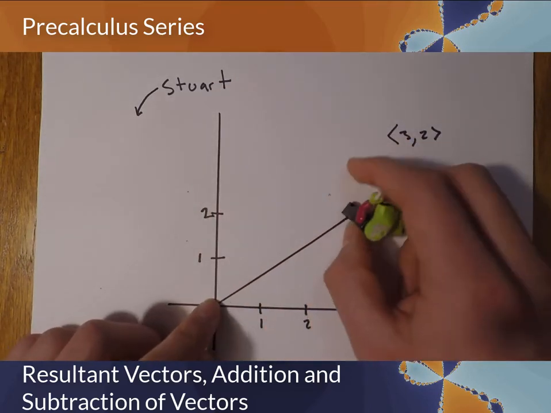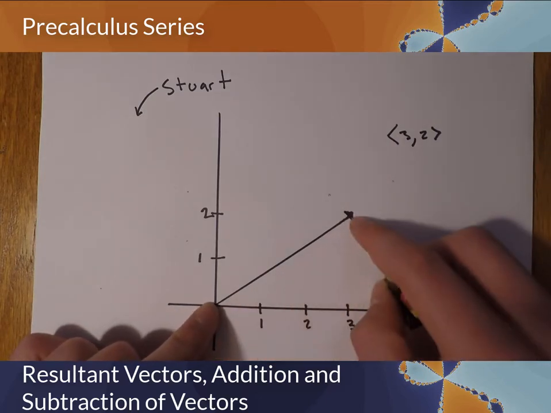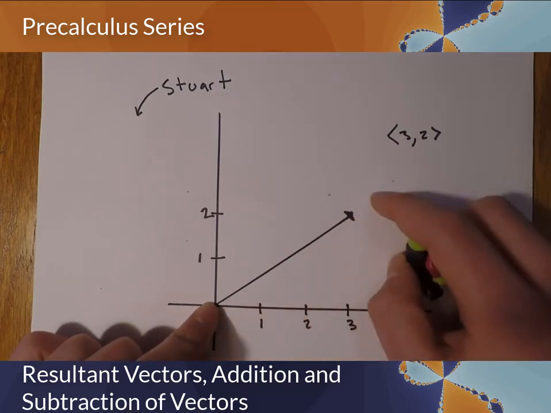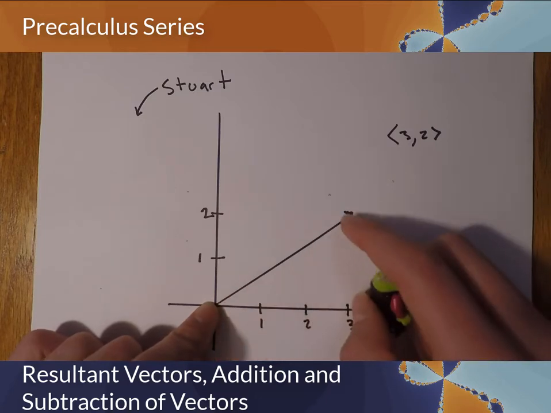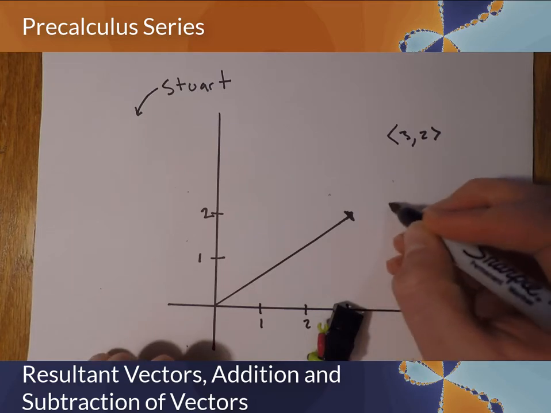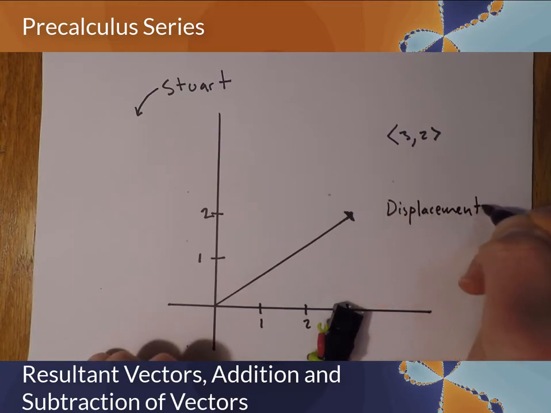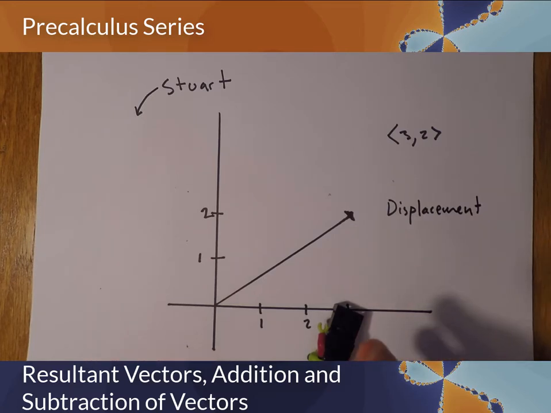Because at the end of the day, a vector measures it from the beginning to the end of a path. That's it. Just the displacement. And I'll just write that over here real quick. Displacement.